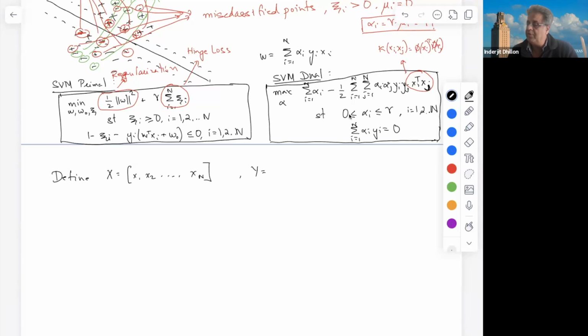Let me denote a diagonal matrix with the labels, the y's. If I now form the matrix x transpose x, the ijth element is exactly xi transpose xj. Sometimes this matrix is called the Gram matrix.